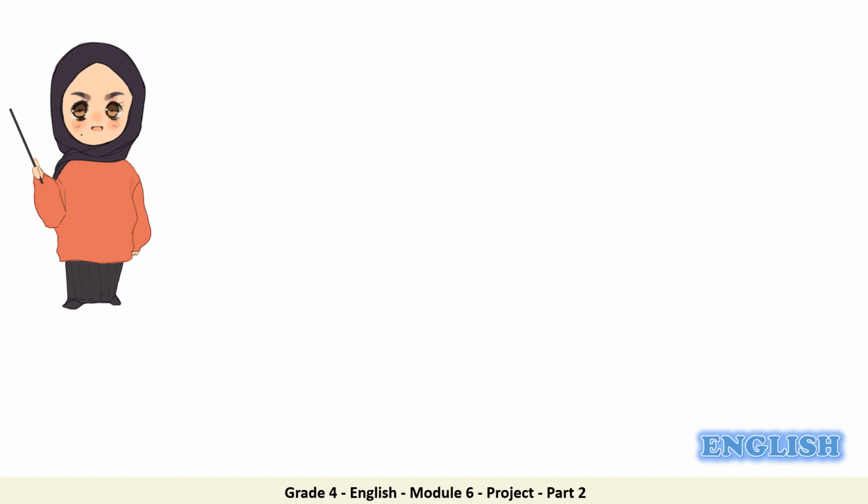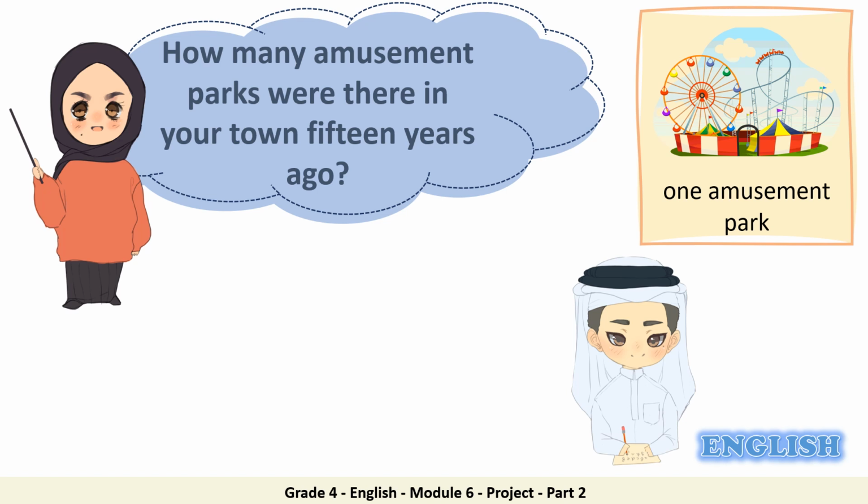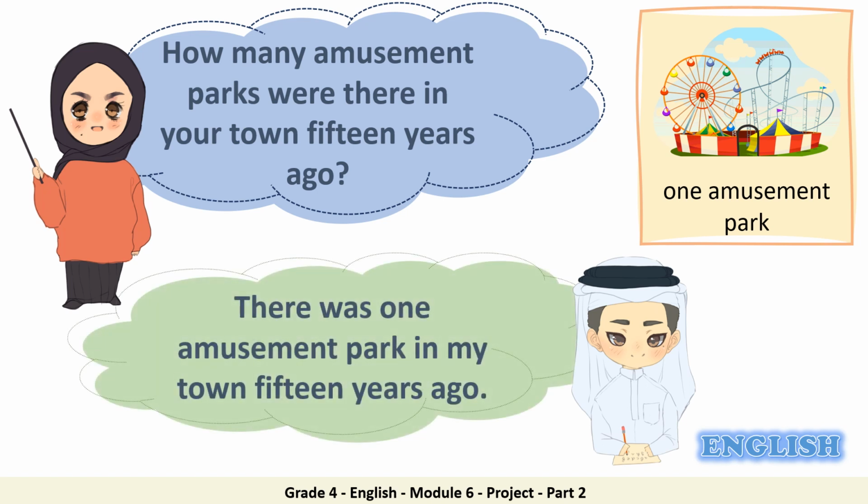Let's continue. Read the question with me. How many amusement parks were there in your town 15 years ago? Look at this. 1 amusement park. The answer would be, there was 1 amusement park in my town 15 years ago.